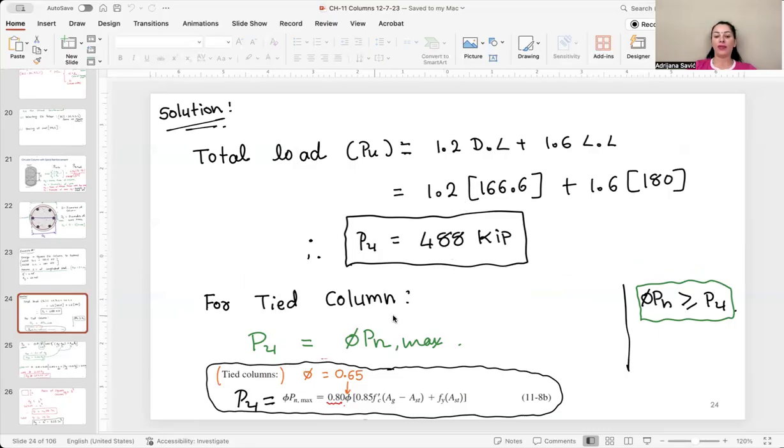For tied column, we have Pu to be phi Pn max, or 0.8 times 0.65 times 0.85 times compressive strength, which is 4, times gross area of column minus area of steel, plus yielding stress times area of steel.